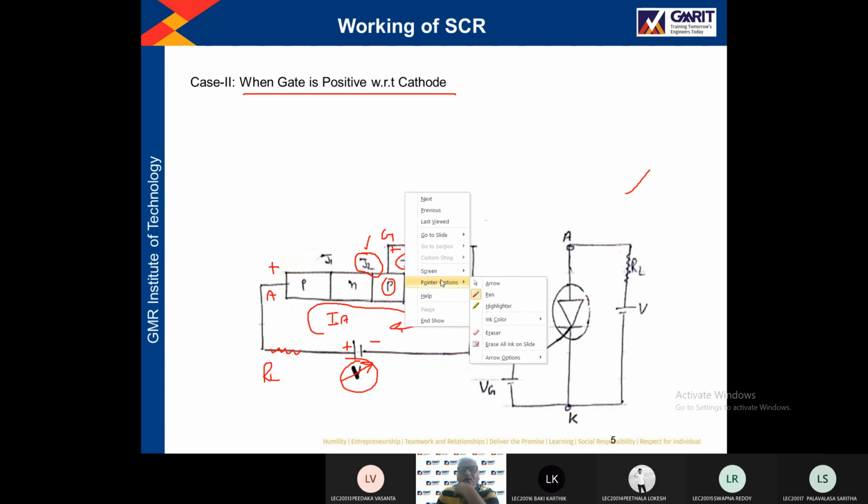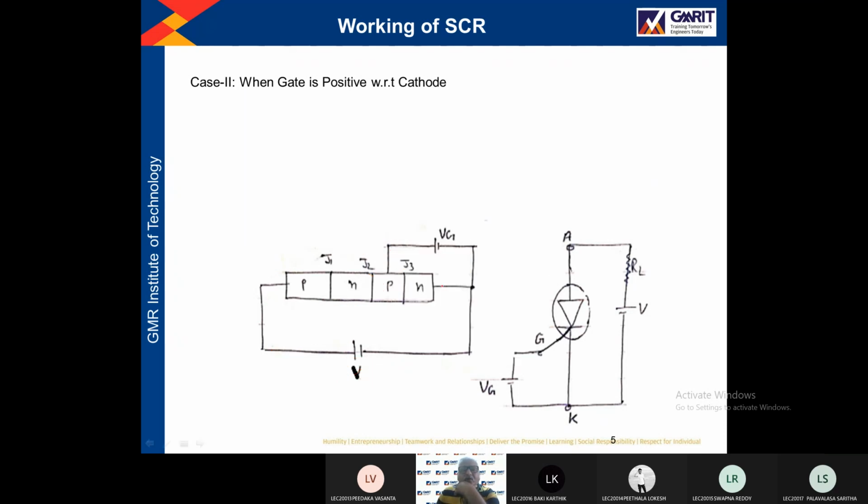So to conduct this SCR, there is no need to apply a very high voltage. We can connect this VG so that some gate current, IG, starts flowing. Then at a much lower voltage, this SCR will turn on. So you can control the turning on of the SCR by applying some voltage at the gate terminal.